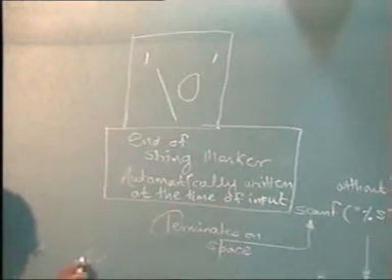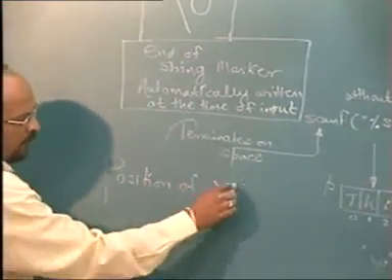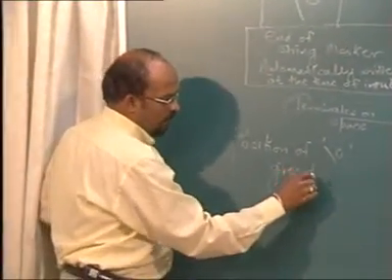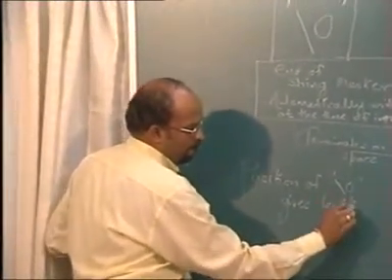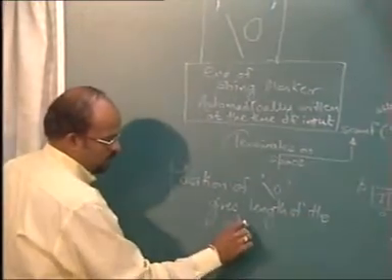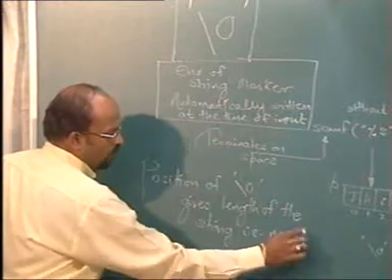Also note that the position of \0 gives the length of the string, that is, the number of characters.